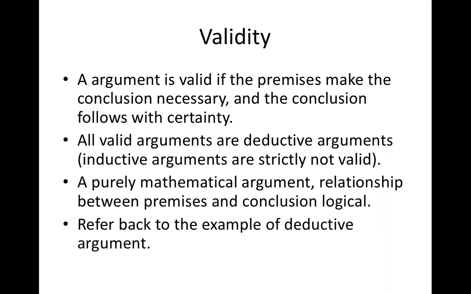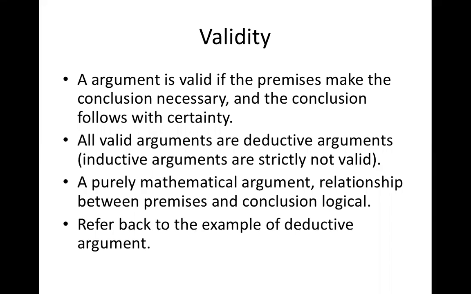Look at it again. An argument is valid if the premises make the conclusion necessary. That is, when you have a set of premises, then you see that a particular conclusion must follow, and the conclusion follows with certainty. There is no question what is the conclusion. There can be no other conclusion. And in fact, the conclusion is a must.